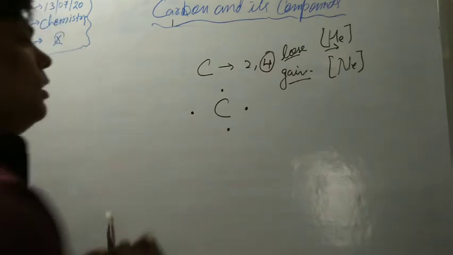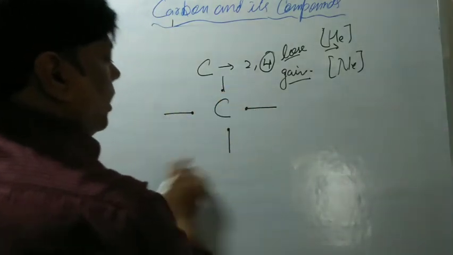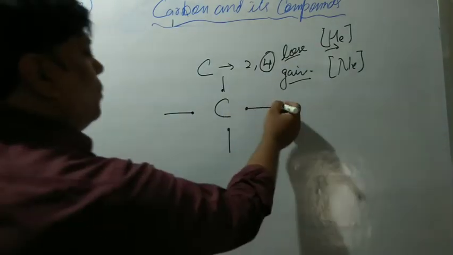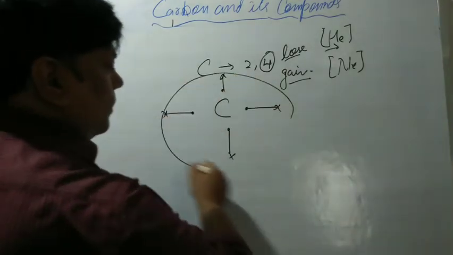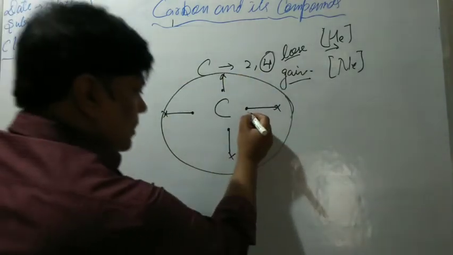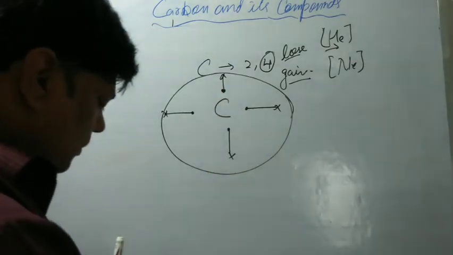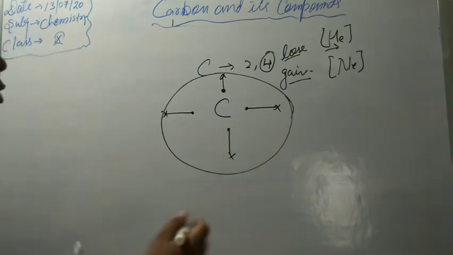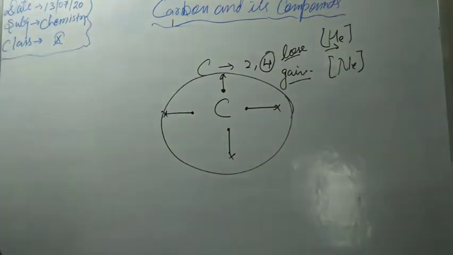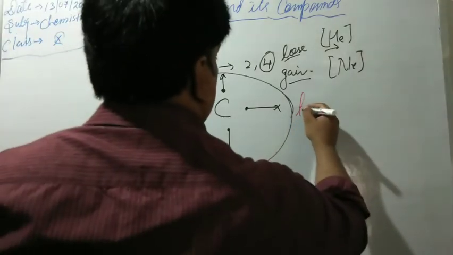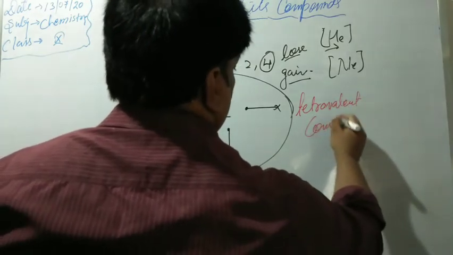If carbon combines with other elements to share the other 4 electrons, it completes its octet. A single bond indicates a covalent bond. Due to its valency of four, carbon is also called a tetravalent compound.